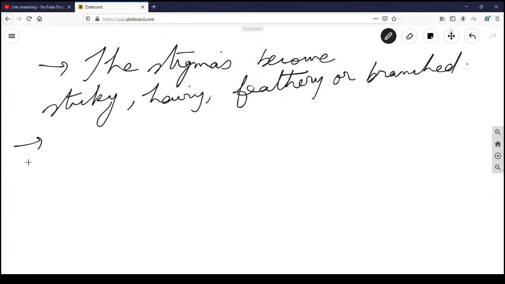And some wind pollinated flowers, like Urtica, show an explosive mechanism. Explosive mechanism means the anther bursts and releases all of a sudden in air a large amount of pollen.